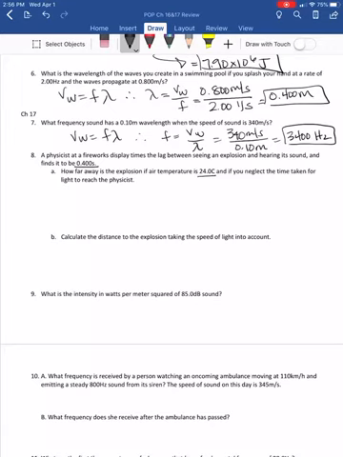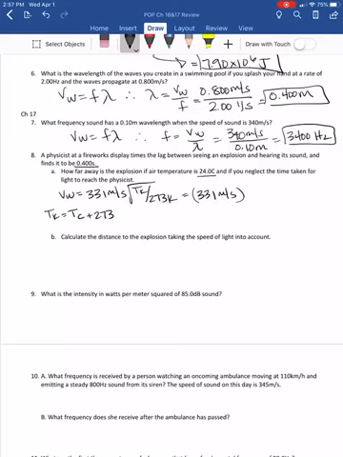So if you remember, we had an equation that we could actually solve for the wave velocity by using this 331 meters per second times the square root of the temperature in Kelvin divided by 273 Kelvin. Well, how do you find temperature in Kelvin? You just take the temperature in Celsius plus 273. So that's 24 degrees Celsius plus 273, which is equal to 297.